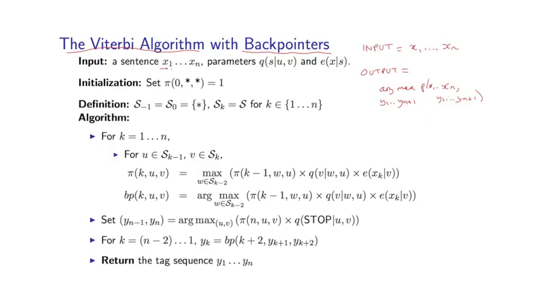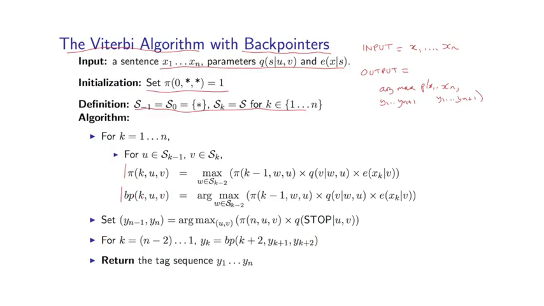So the algorithm has the same inputs. Again, it has the same initialization point, and it's going to make use of these pi values in the same way as before, and the same definitions here. And we again proceed from left to right, k equals 1 to n, for u and v. We calculate the pi value at each point. And the only change to the algorithm is that in addition to recording pi at each value of k, u, v, we also store a backpointer, which I'll call BP(k, u, v).